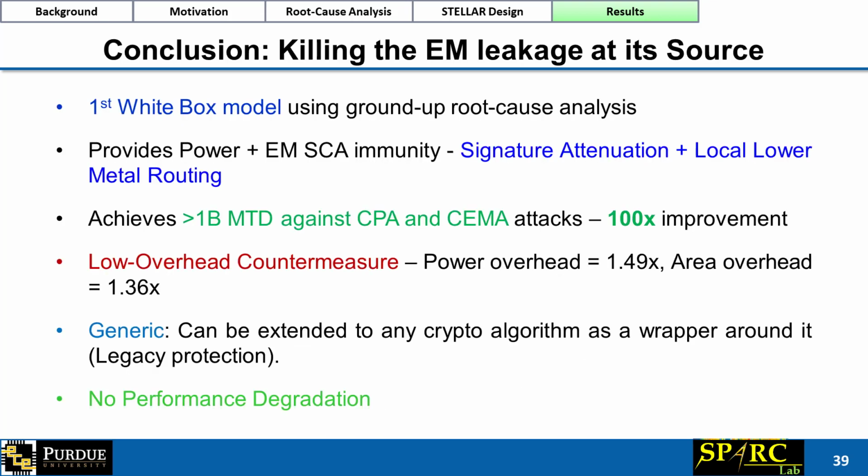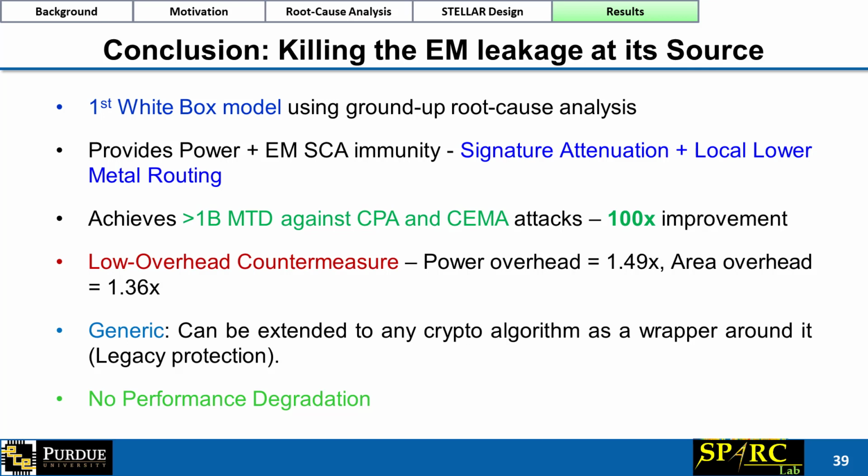Finally, to summarize, this work provides the first white box model of the EM leakage through the ground-up root cause analysis. Stellar provides both power as well as electromagnetic side channel attack immunity through signature attenuation and local lower metal routing.